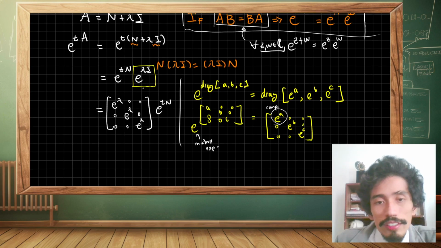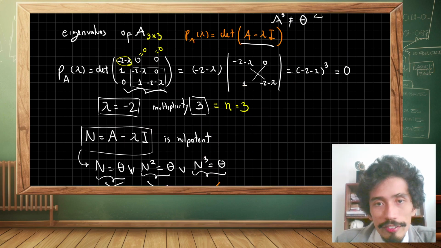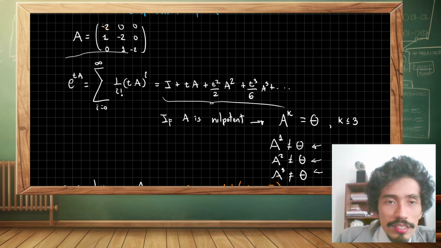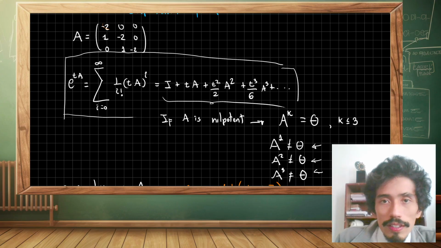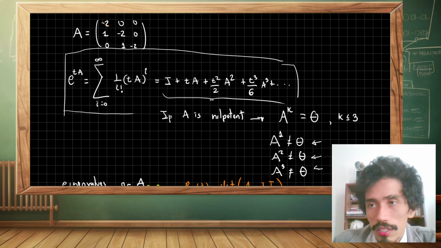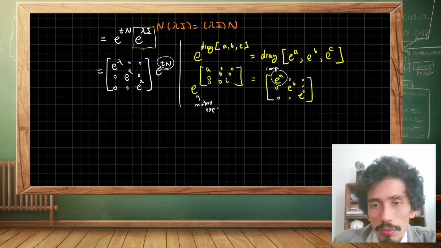So now, given that this is a nilpotent matrix, you can calculate this by definition. When you go into this definition, in the case of this nilpotent matrix, this will be equal to 0. Then you only need to calculate these first terms, which is what we will do here.